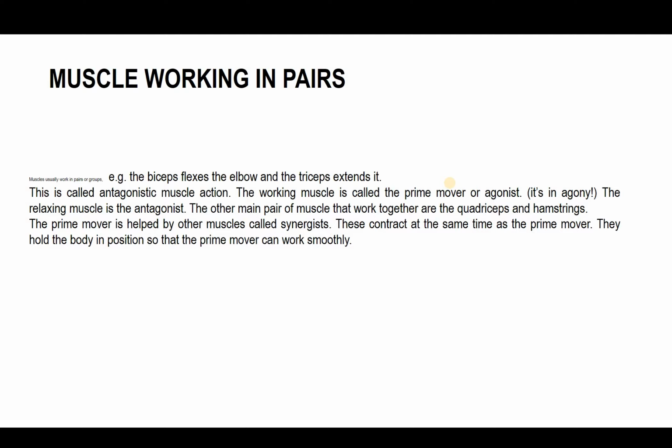Okay, however, we do have antagonistic muscles, and then we have agonist muscles, also known as prime movers. Okay, so if the bicep flexes the elbow and the tricep extends it, those two muscles are opposing each other, so that would be antagonistic.